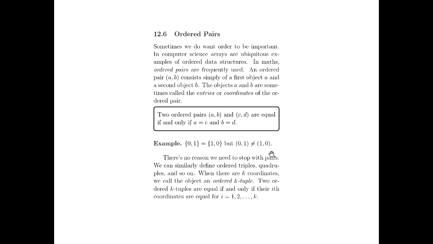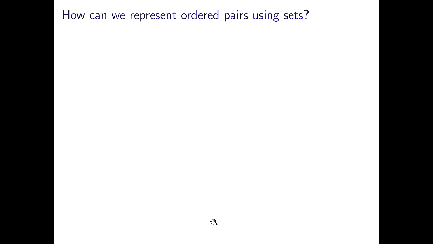So a different object, a different data structure, if you like, however you want to think about it. Okay, so that's the critical property of ordered pairs: they're equal exactly if their first coordinates are equal and their second coordinates are equal.